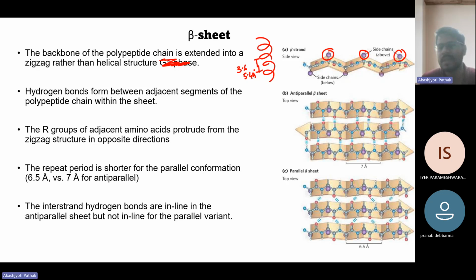They are in a zigzag orientation, so that it does not have a particular pattern. But in the anti-parallel beta sheet, these hydrogen bonds are in line. So the anti-parallel beta sheet is more stable compared to the parallel beta sheet, because of the pattern in which the hydrogen bonds are formed.